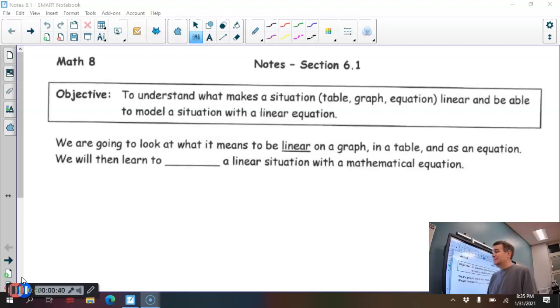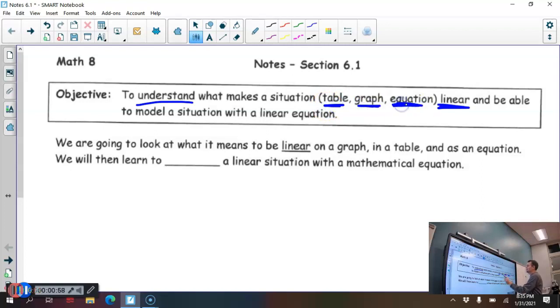So today, you can see the objective is to understand what makes a situation linear. And by a situation, we're going to talk about tables and graphs and equations and situations.